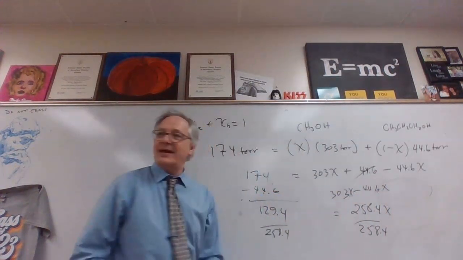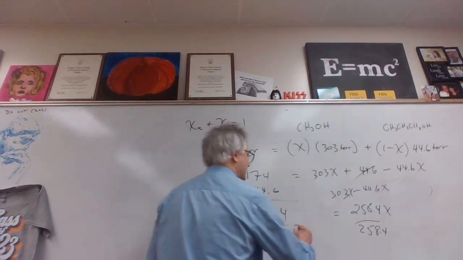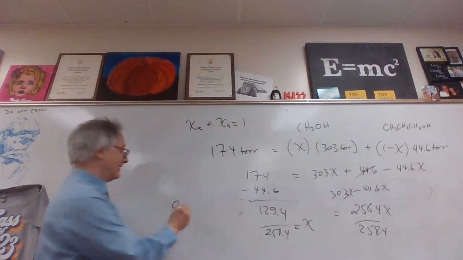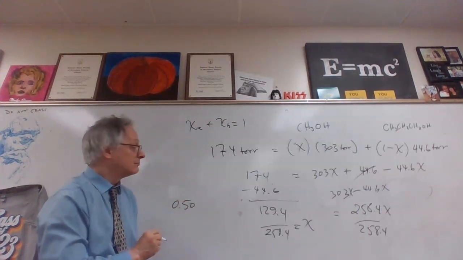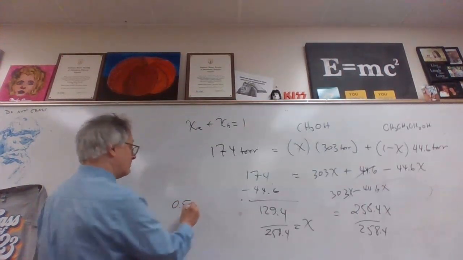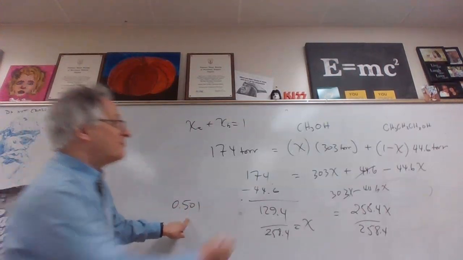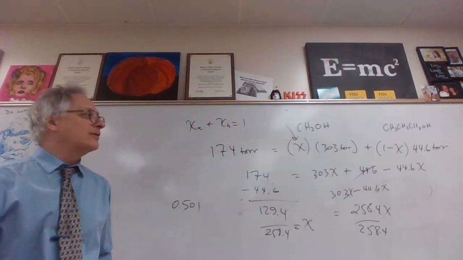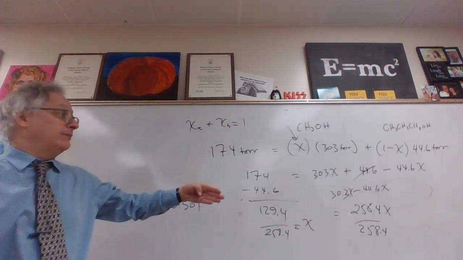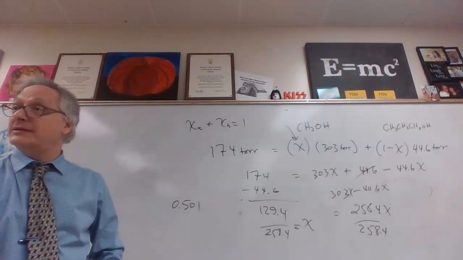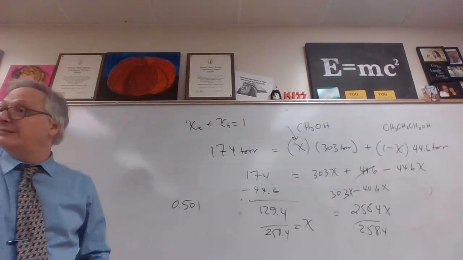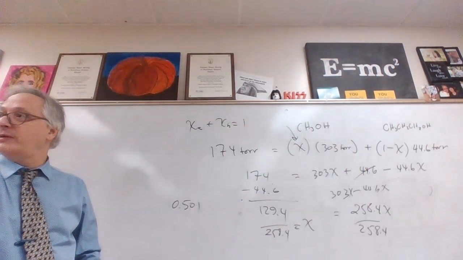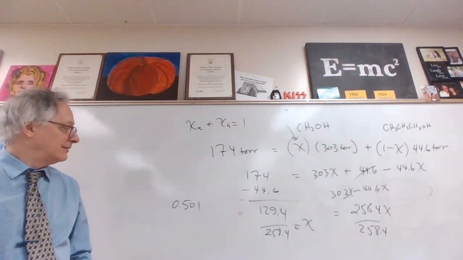So give me that number. 0.501. All right, that's this number. So we've got 0.501 for the methanol and basically 0.499 for the other one.